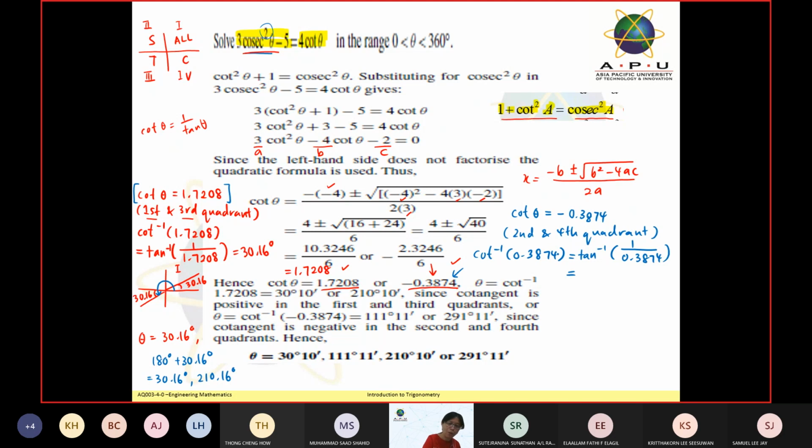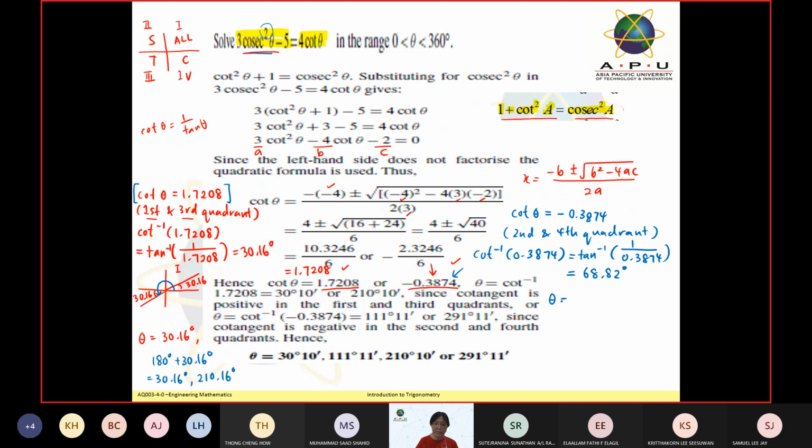So what is the value for arc tangent of 1 over 0.3874? What do you get? 68.82 degree.